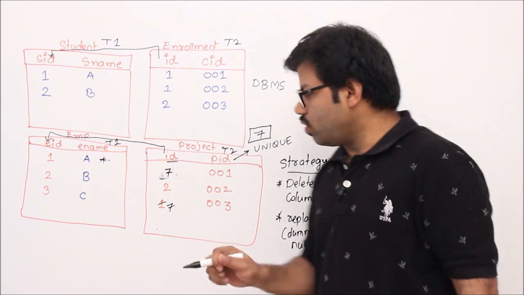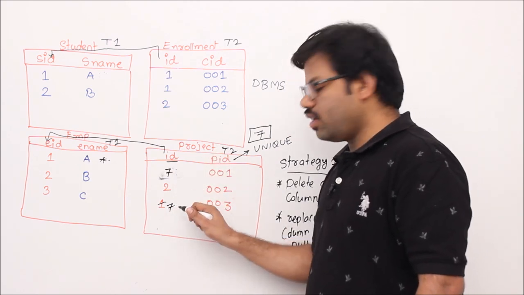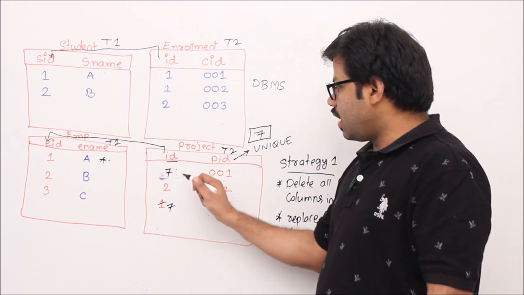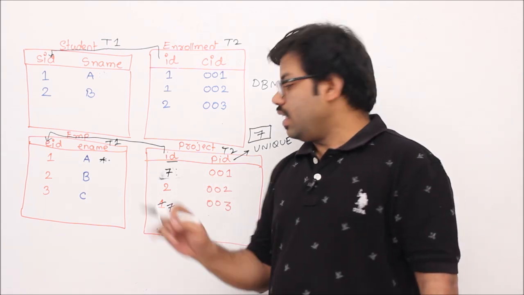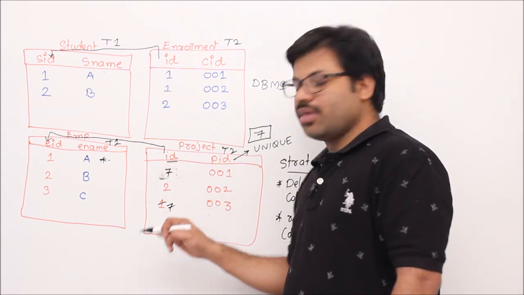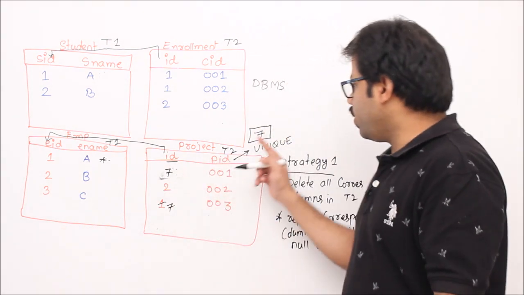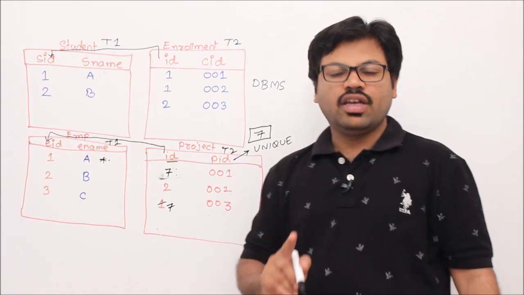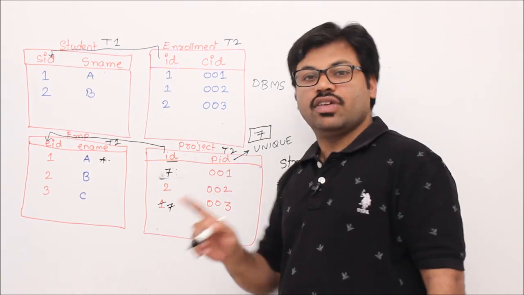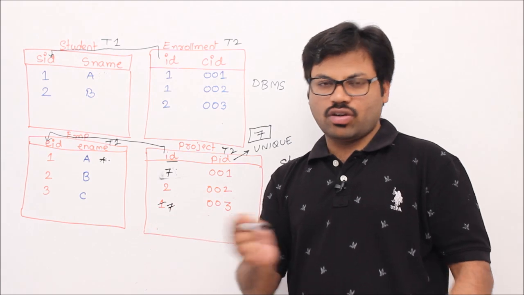In the previous case, you should write null and null. So that was strategy number 2. Strategy number 3, I can say, is that in the corresponding entries everywhere in the project table, you write default values. Let's say the default value here is 7. Don't worry, while creating the project table, we can create a default value also, not a problem.